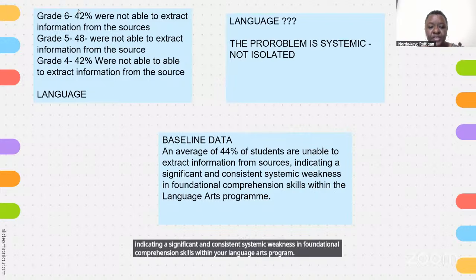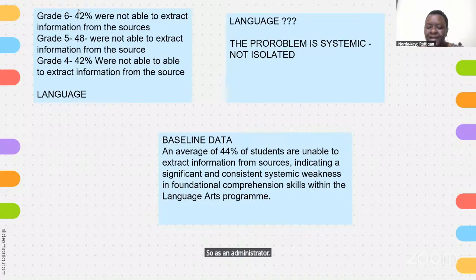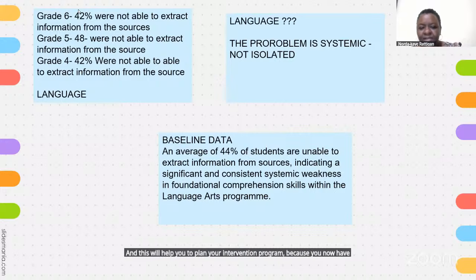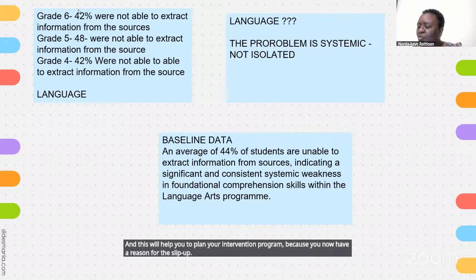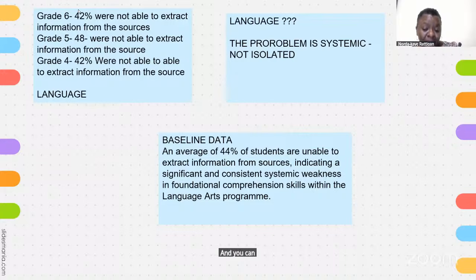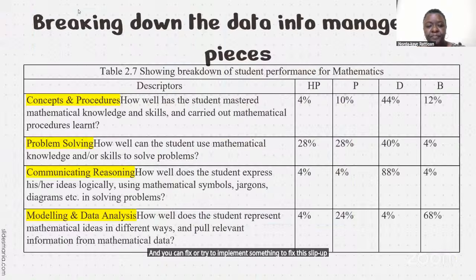So as an administrator, you now have an answer to a problem that you're seeing in your data to move into your SIP with. And this will help you to plan your intervention program because you now have a reason for this slip up. And you can fix or try to implement something to fix this slip up moving forward.